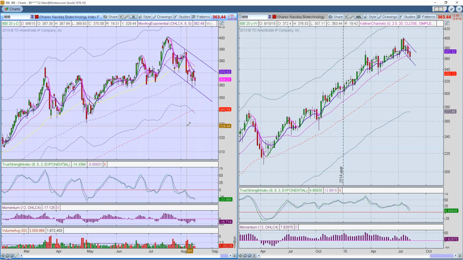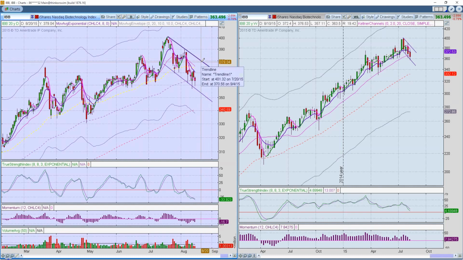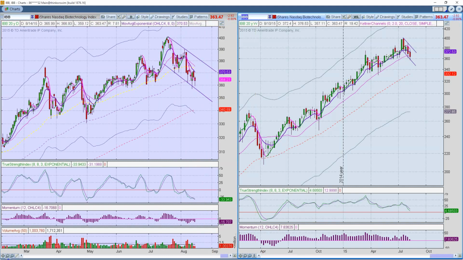When you have a stock working inside a channel, anything that's in here, unless you're getting a really good reversal signal, I call this zone in the middle, no man's land. It's best to wait and see how it reacts off either the resistance of the upper channel line or the support of the lower channel line, which forces us to be, of course, patient.